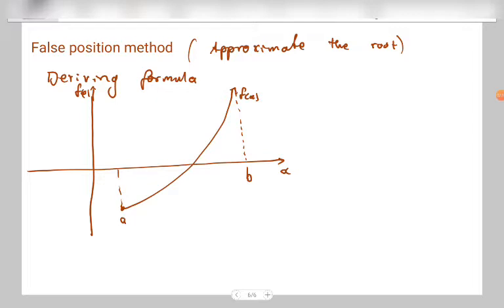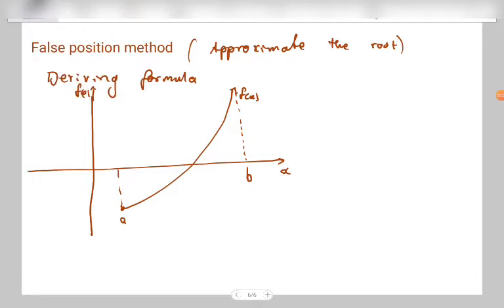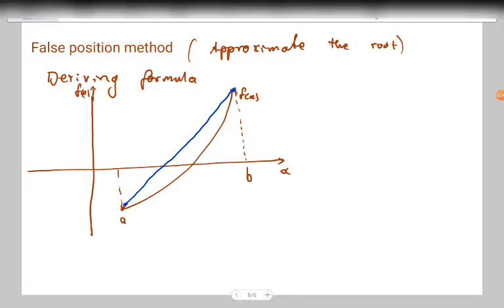So here we're going to draw a straight line. Since we have a root here, we're going to draw a straight line from point A straight to point B. You will excuse my line, it's not that straight. A straight line from point A up to point B. So we are going to find the function for that straight line, and we are going to find the intersection for that straight line.